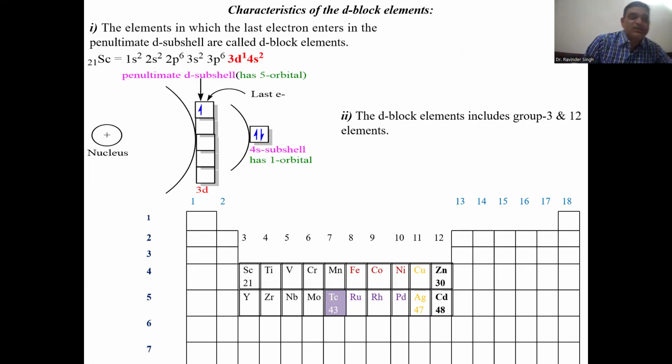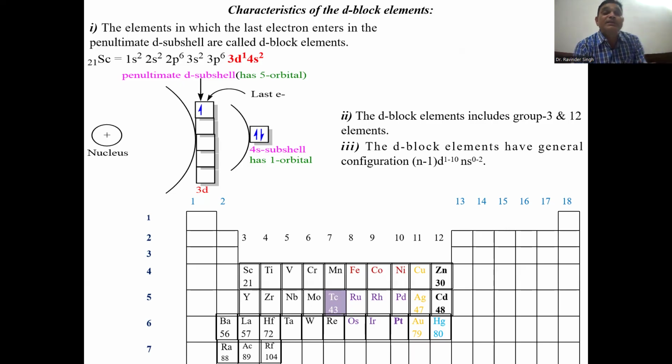So when you see this configuration, 3d10 4s1, after losing 1 electron from the 4s1, the configuration is 3d10, which is filled. That means copper would not be a transition element. But copper shows 2 oxidation states, +1 and +2. When copper loses 2 electrons, the configuration becomes 3d9, meaning now the d subshell is partially filled. So copper is a transition element.